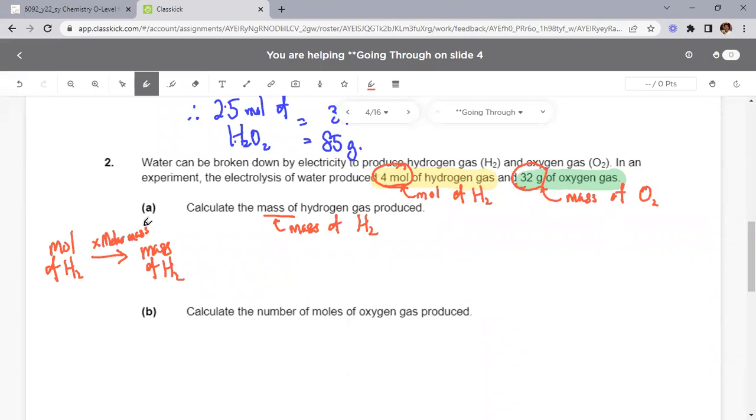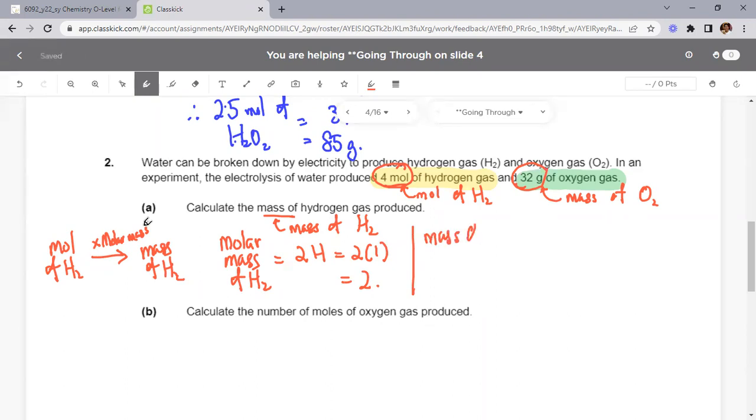Instead of jumping straight into the question, let's first find the molar mass of H2. The molar mass of H2 consists of 2 H. The relative atomic mass of H is 1, so 2 times 1 is 2 grams per mole. Once I've found the molar mass, it's a good deal already.